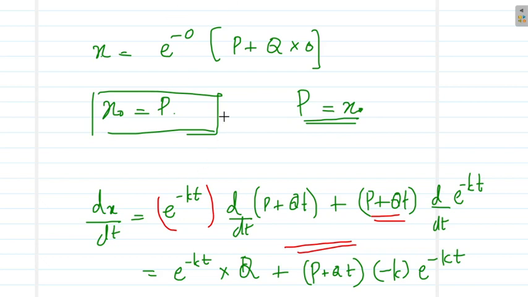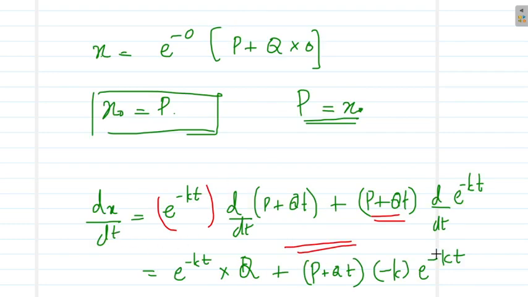Now let us try to find out what will happen at t equal to 0. So at t equal to 0, we choose that the initial velocity is v0. The initial position is x0 and the initial velocity is v0. So substituting throughout the system the condition for t equal to 0, dx by dt is simply velocity.